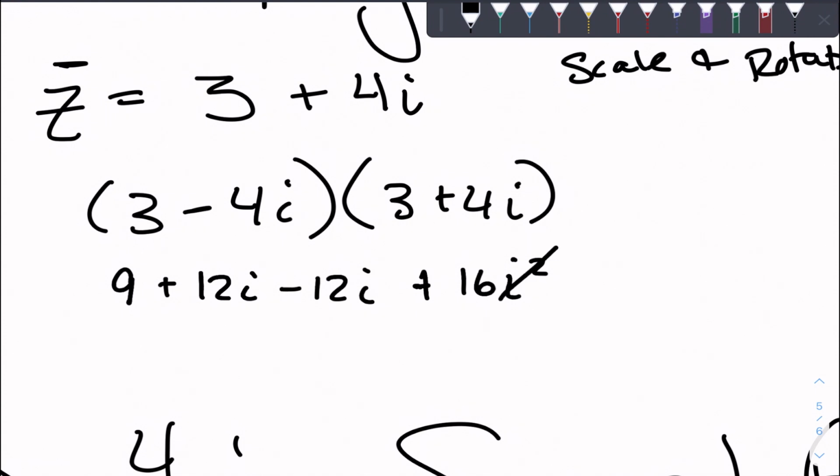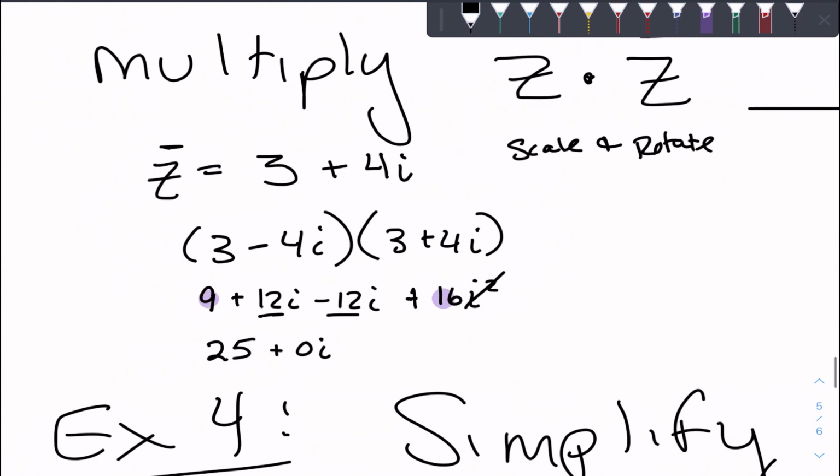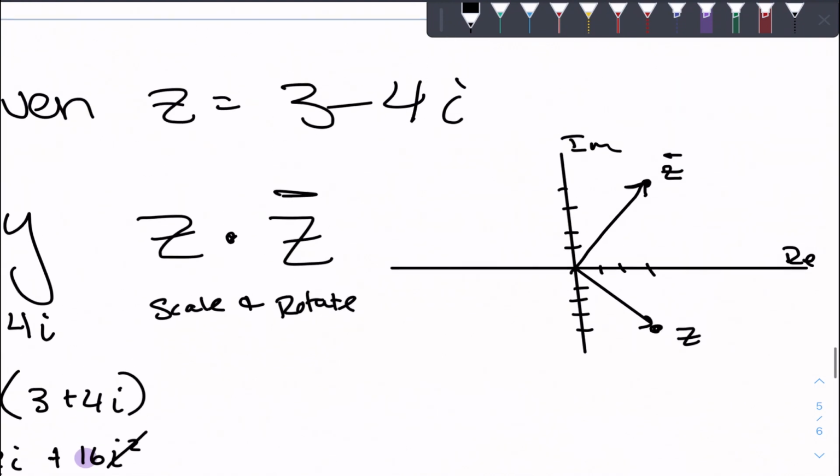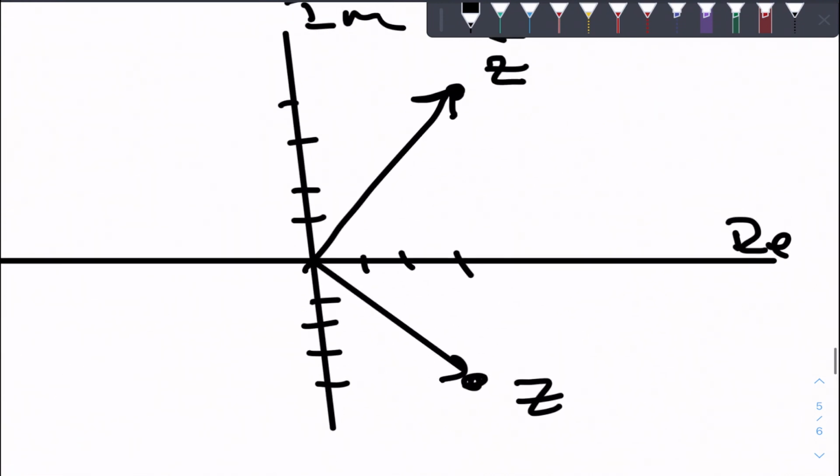Well, i squared we said was -1. So we have 9 plus 16, which is 25. And 12i minus 12i is 0i. And just like we saw before, what happens when you multiply a complex number times its conjugate?